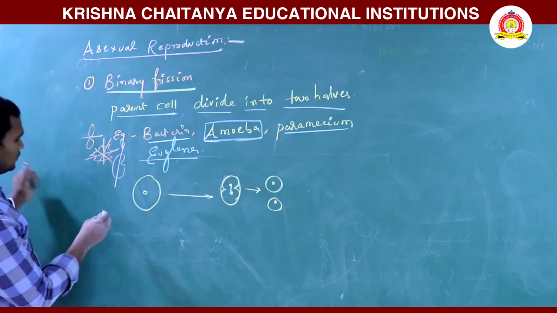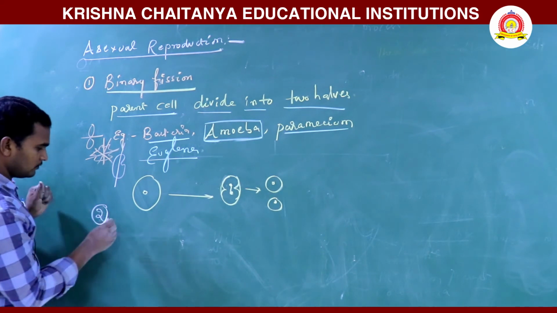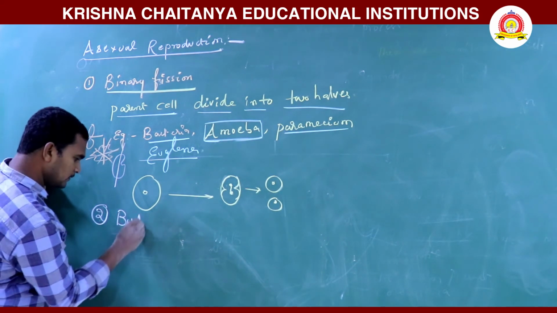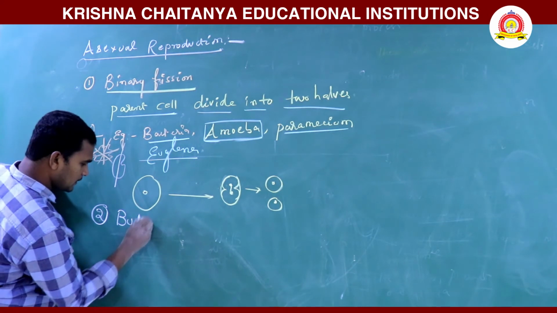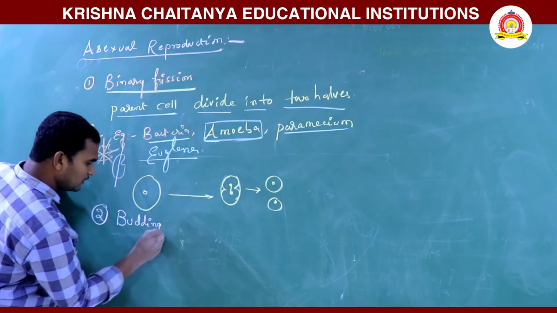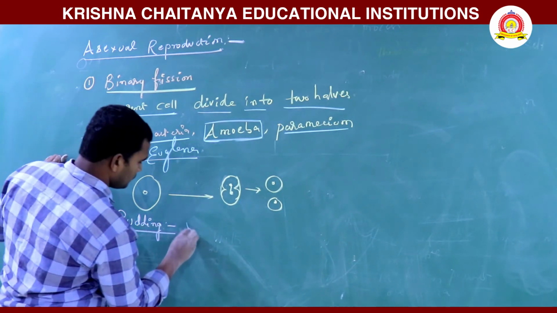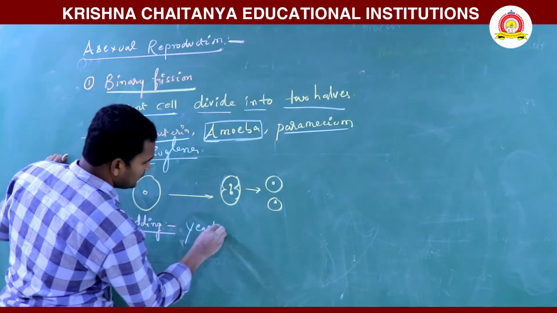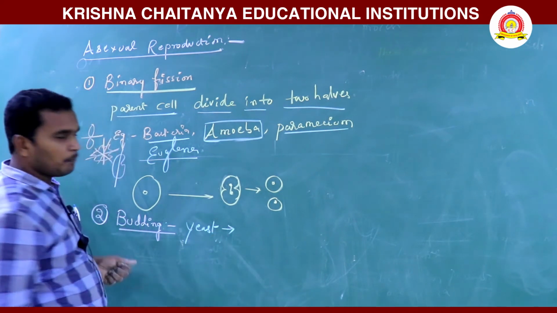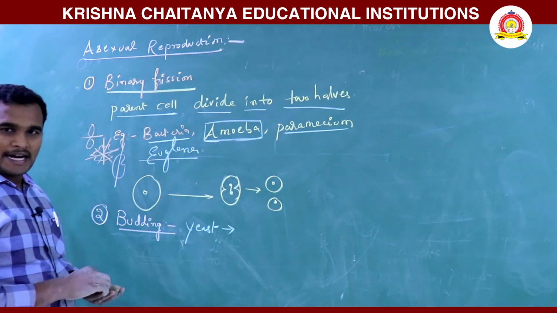Next one is budding. What is budding? Budding we will see in yeast cells. In yeast, buds are formed on the parent body.